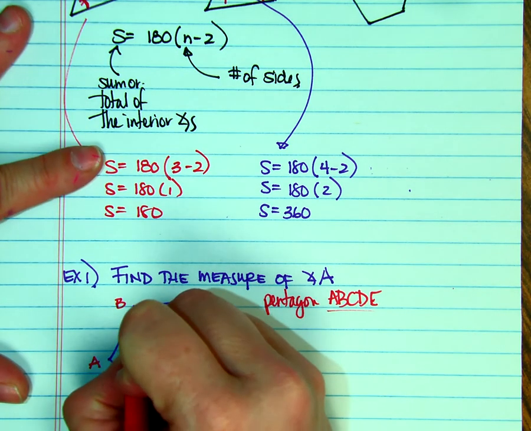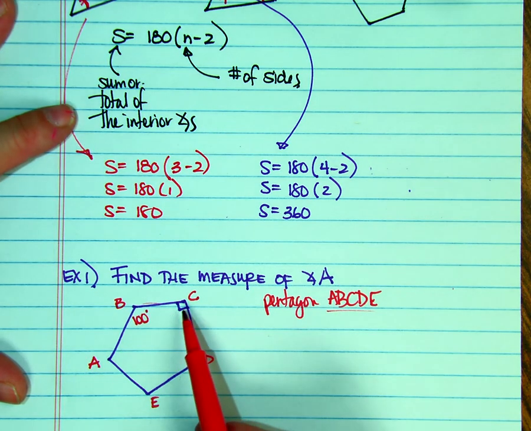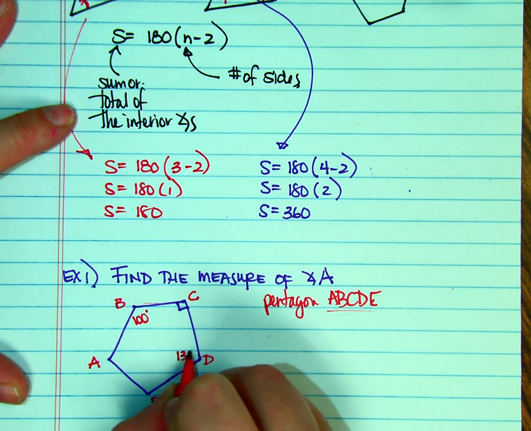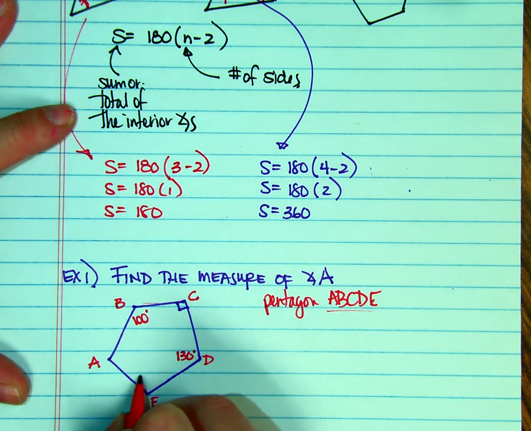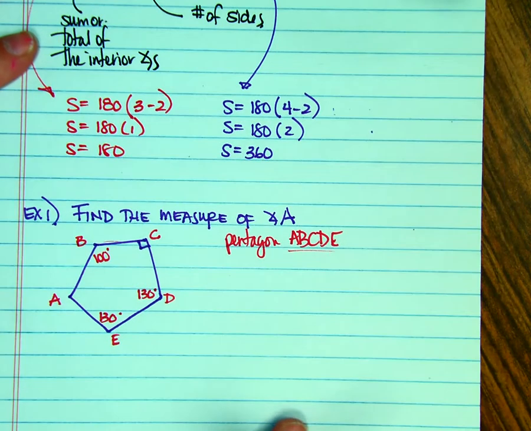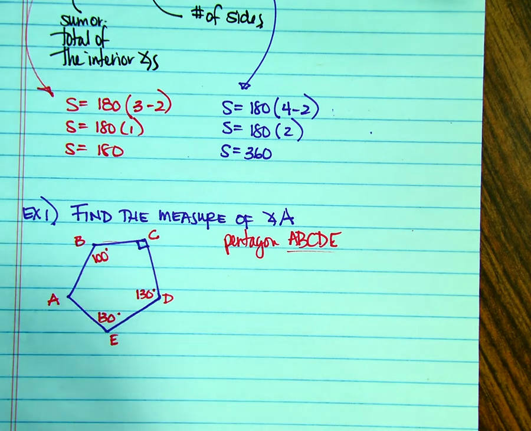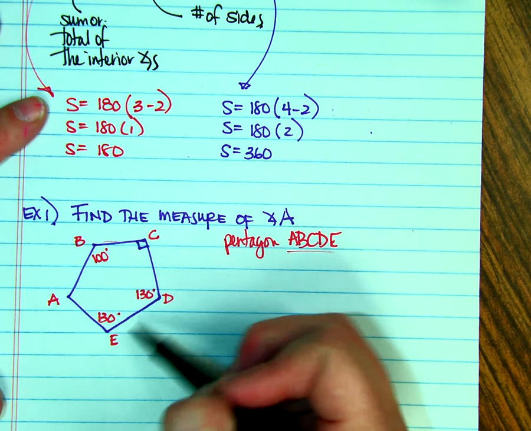And I'm going to tell you that angle B is 100 degrees. I have a right angle indicator already on C. D is 130 degrees, and E is also 130 degrees. So I don't know what I am missing here. So in other words, I'm going to have to figure out, okay, so what should the total be? And then subtract the rest of it.